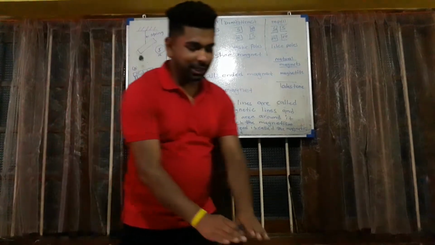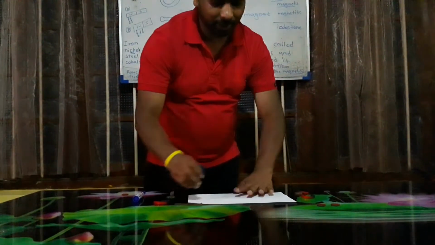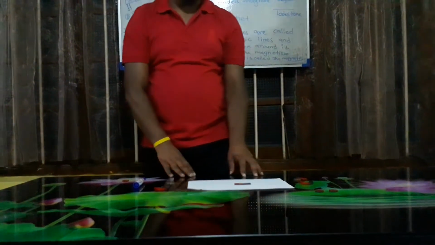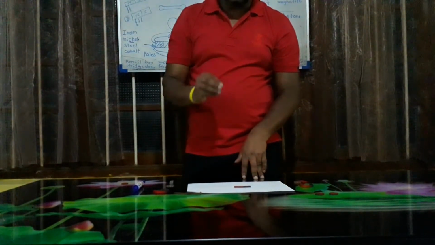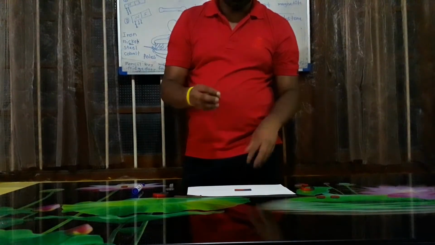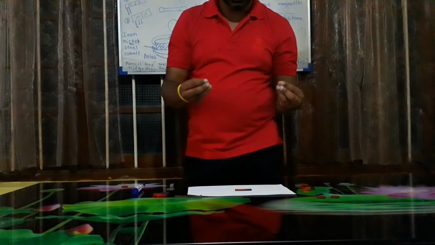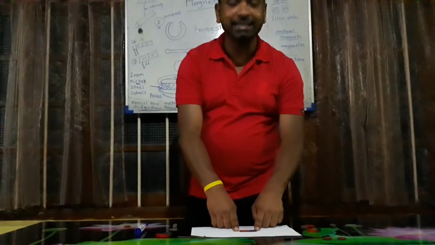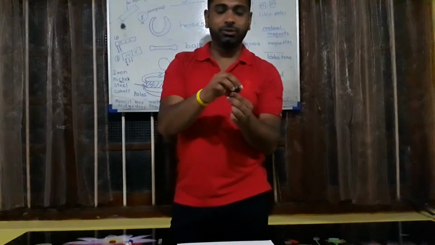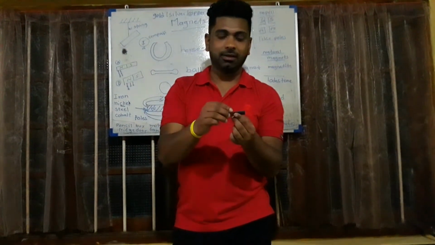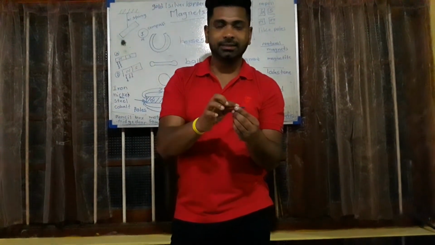So if I keep a bar magnet and put iron powder, I can observe that most of the iron powder gets attracted to the ends of the magnet. So the power of magnetism is very high at the two edges, or the poles, not in the center.